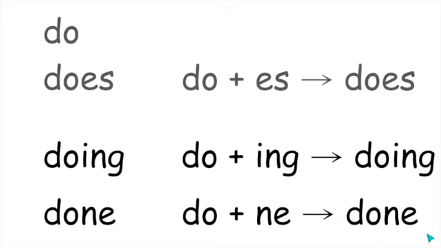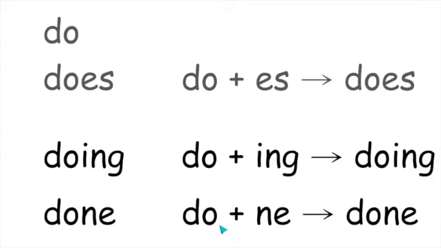Now I'm going to draw your attention to something really quick here. Notice I didn't say do plus N-E is rewritten as done, because that's where we get confused. By just saying the letters out loud, we are not necessarily thinking that the spelling is doing anything weird or odd, because we already know that that grapheme O can make more than one sound.